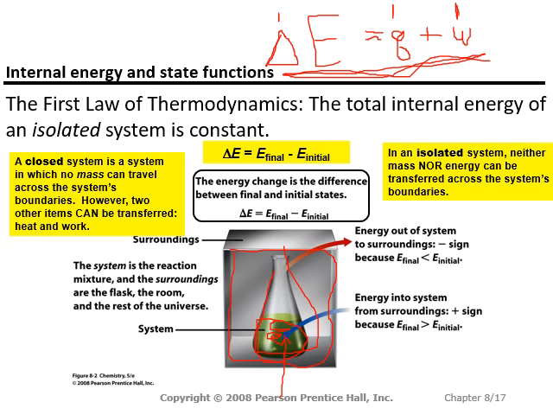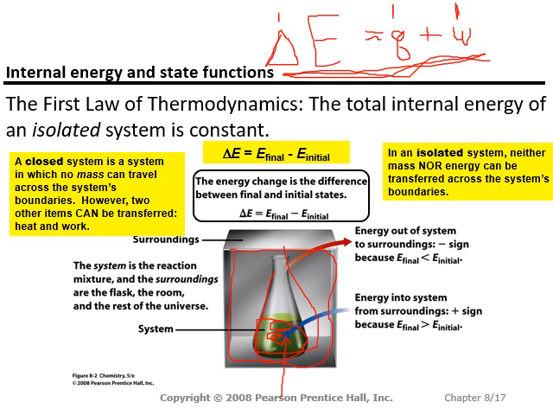Anything that goes in, whether it's heat or work, is going to be plus. So if you heat it up, that's plus. If you put work into it, for example if you press a piston down into a cylinder so that you're doing work on the system, then that's considered to be positive. And then vice versa is also true.